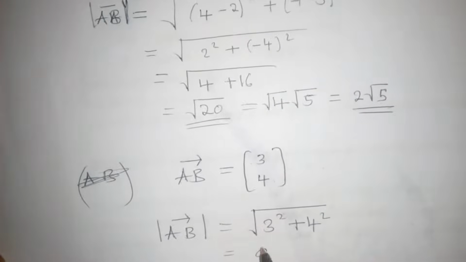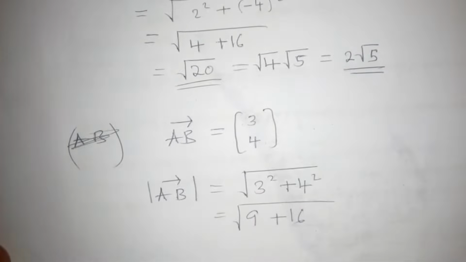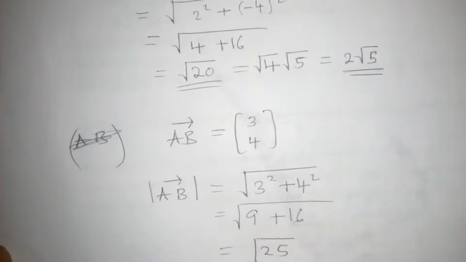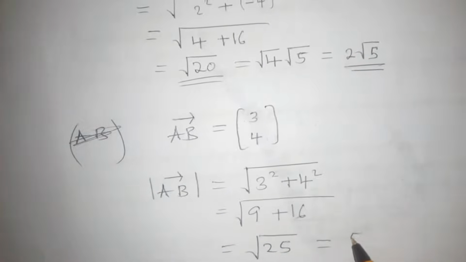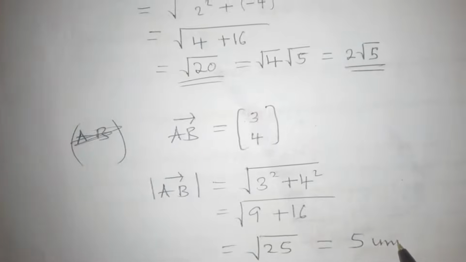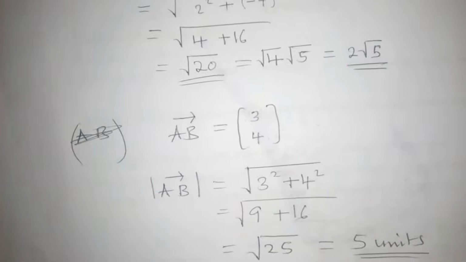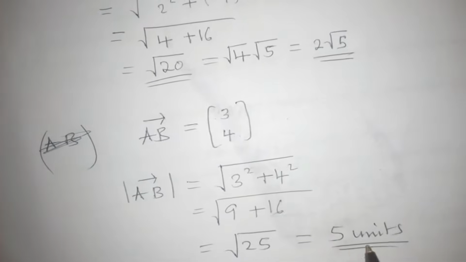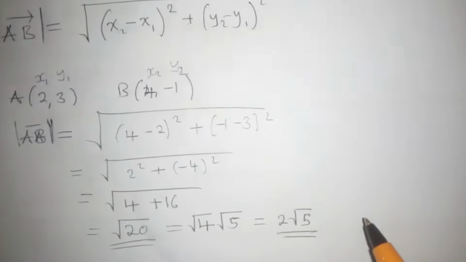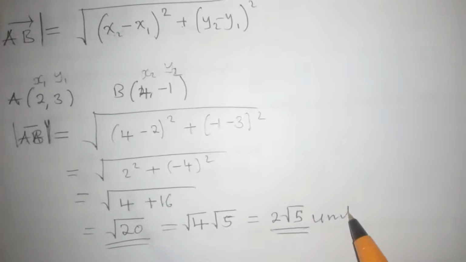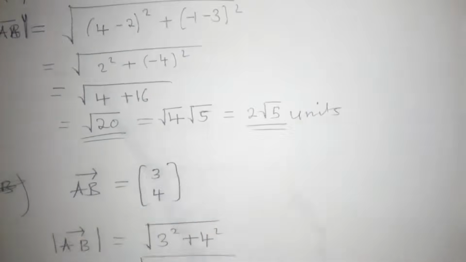This is 9 plus 16. What is 9 plus 16? It is 25. Root of 25. What is the root of 25? It is 5 units. So you need to put that they are units, because since it's length that you're dealing with, you put units. Even here we're supposed to put units. So this is what you do.